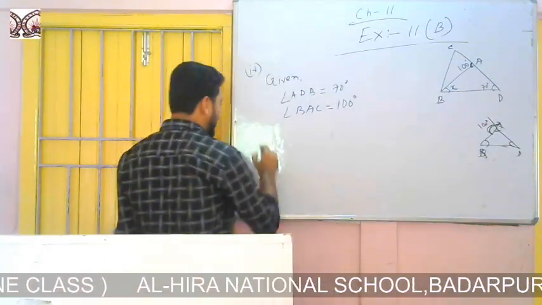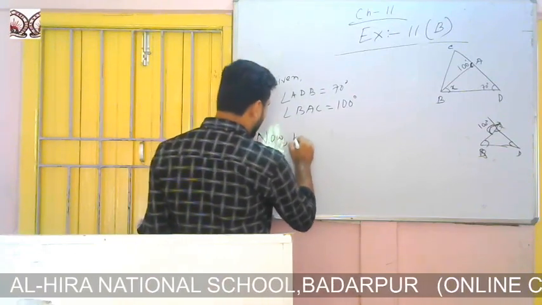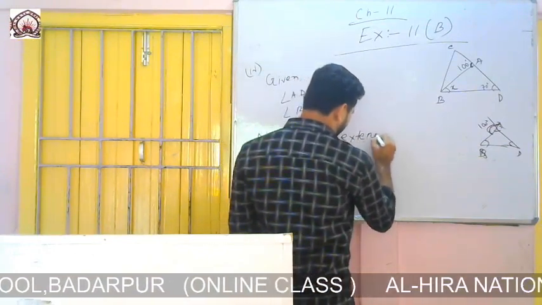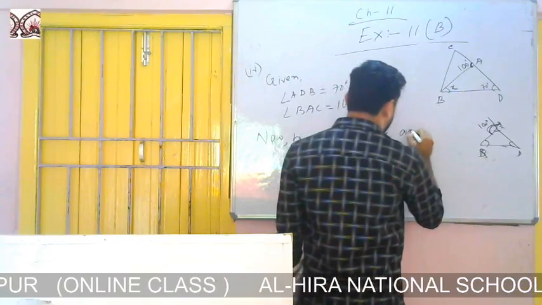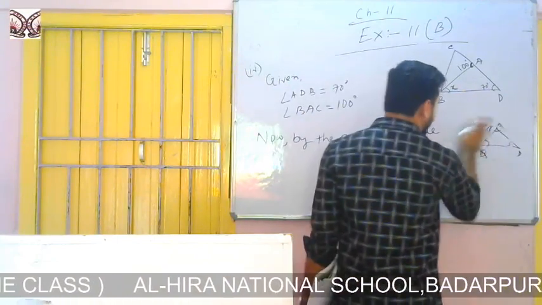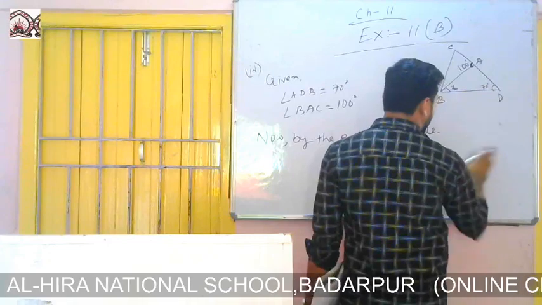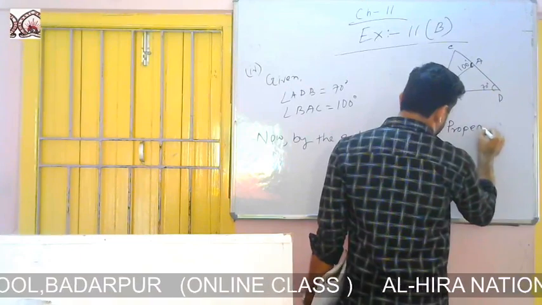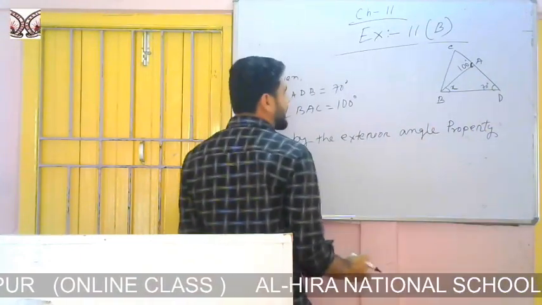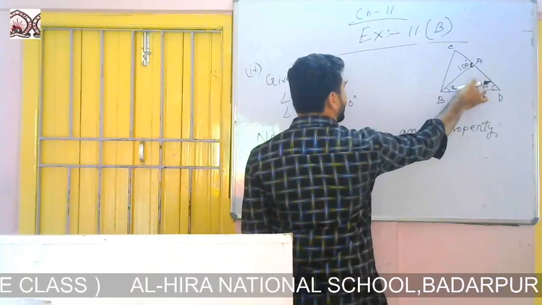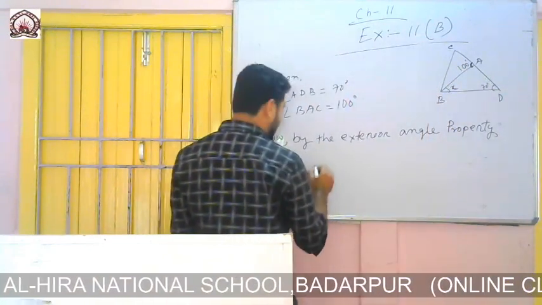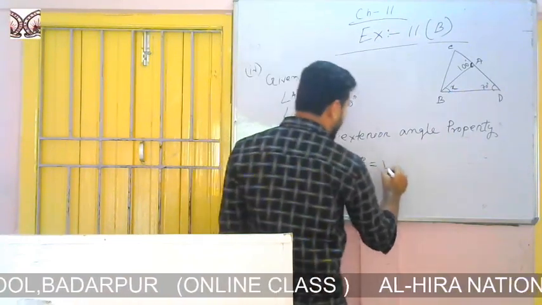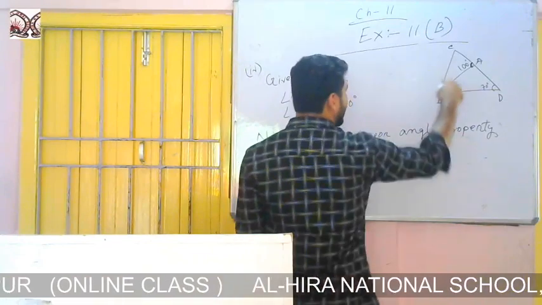Okay, so right now by the exterior angle property, we can write what? The sum of the two interior opposite angles equals 100 degrees. That means x plus 70 degrees equals 100 degrees, because this is the exterior angle for the triangle ABD.